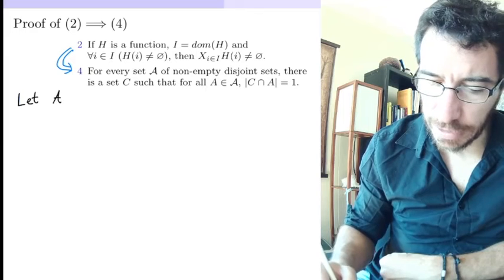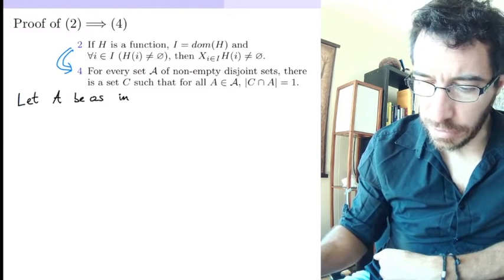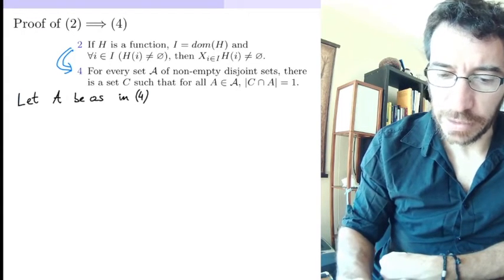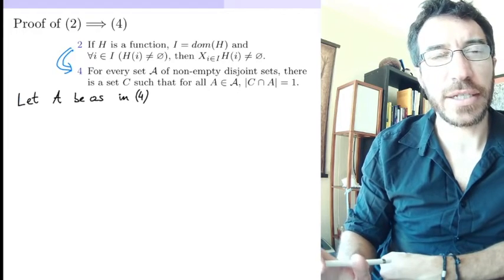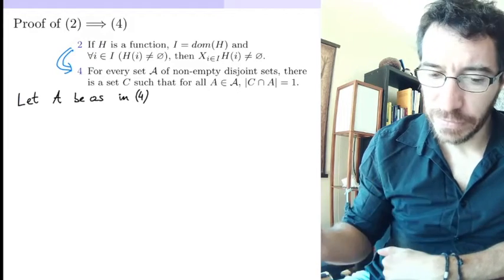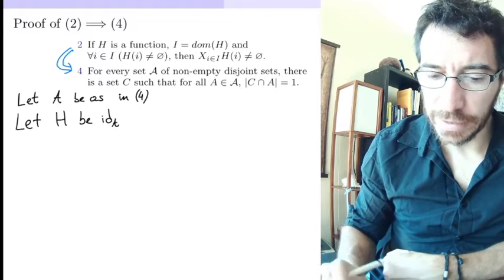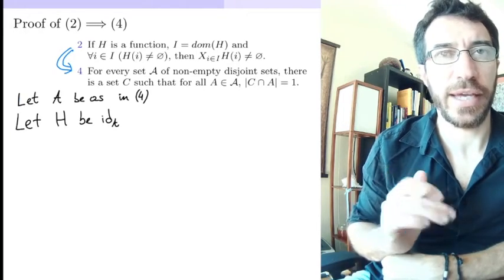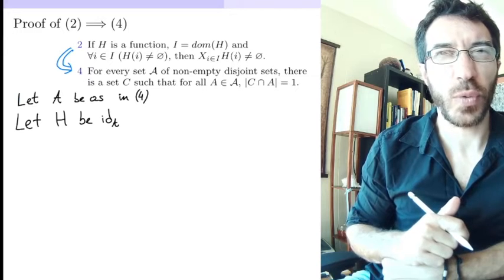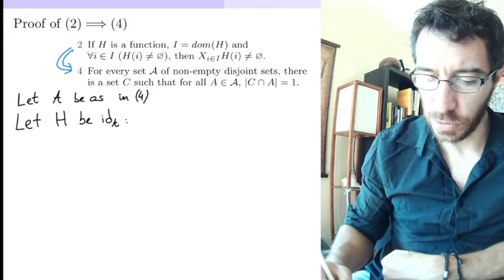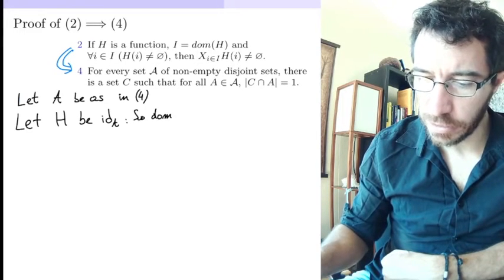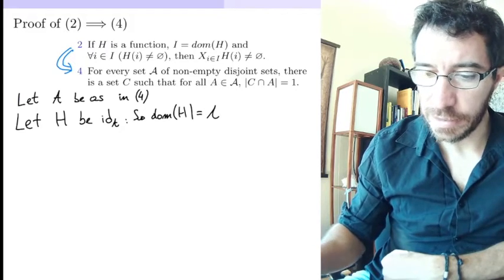So let A be as in 4. We want to define h. So what is the function h that we are going to define? Essentially, here is the trick. We let h be the identity of A. Okay. So what do we mean by this? So the domain of h is A itself, right?